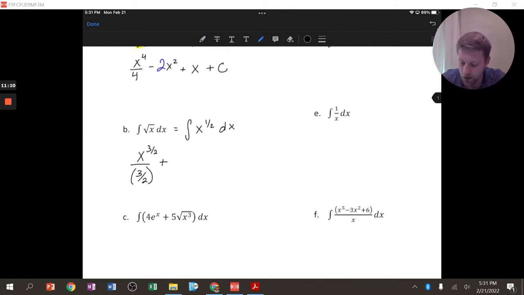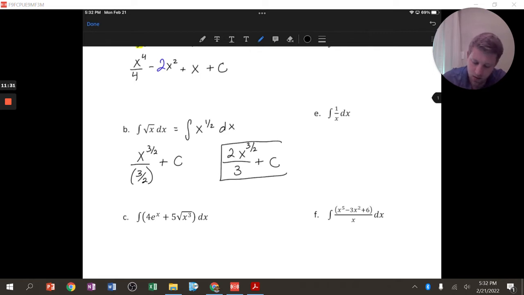And then add our constant c. So taking a reciprocal of our powers here, the final result we could say would be 2 times x raised to the 3/2 over 3, and then plus the c. That could be our antiderivative there.